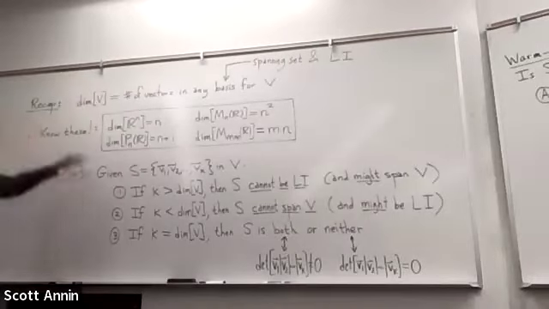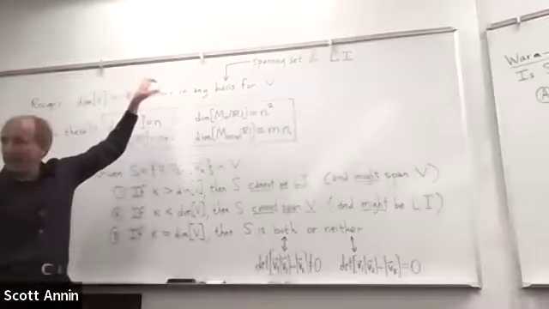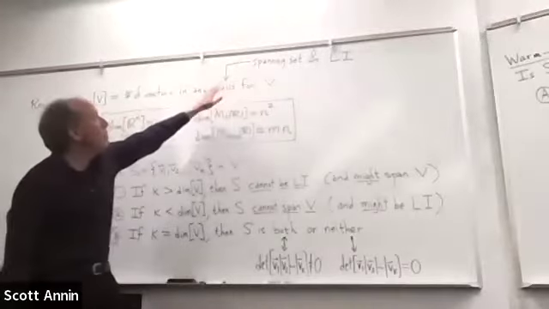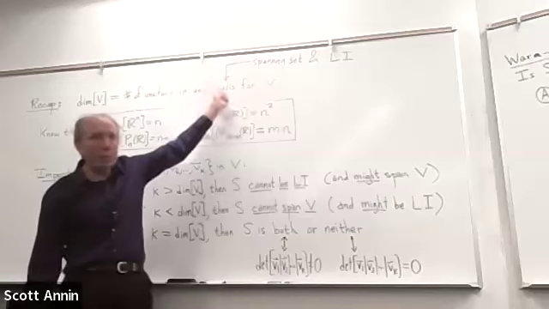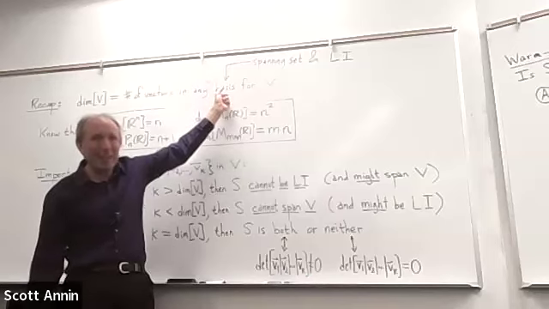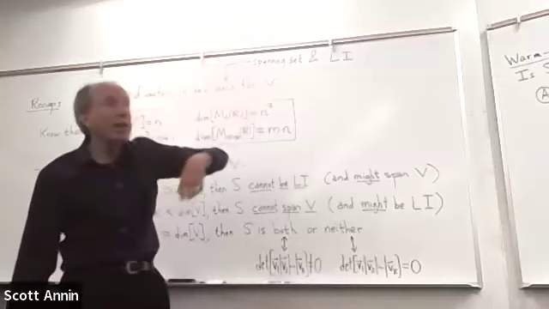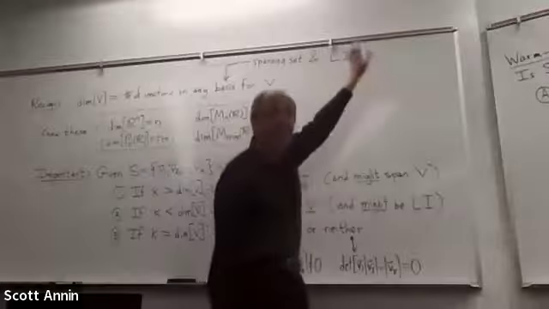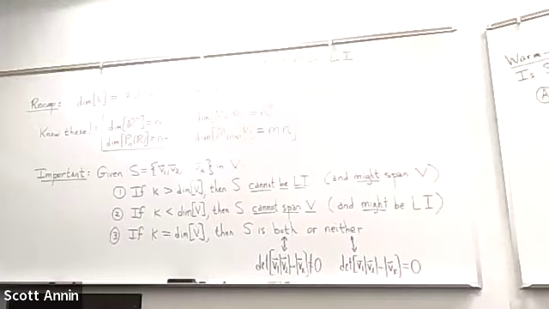This number is just how many vectors would be in a basis for V. Now remember that a basis, we defined that last time, is probably the most important concept in a vector space. A basis is a set of vectors that is both a spanning set and LI. It is both of those things, right?